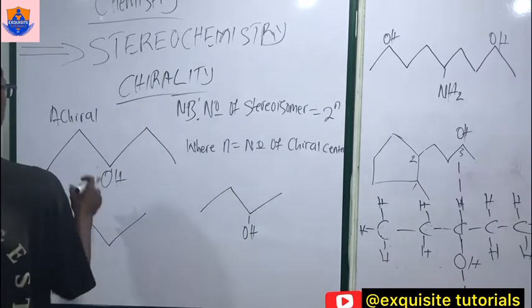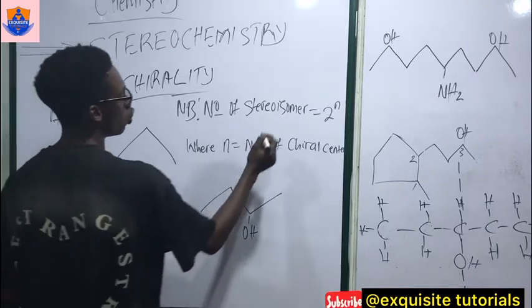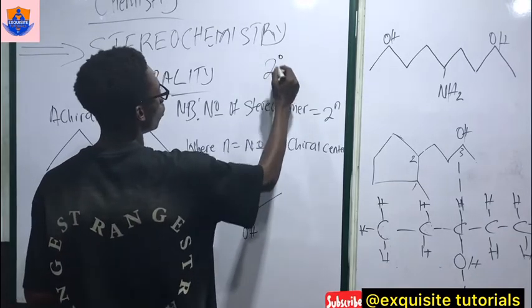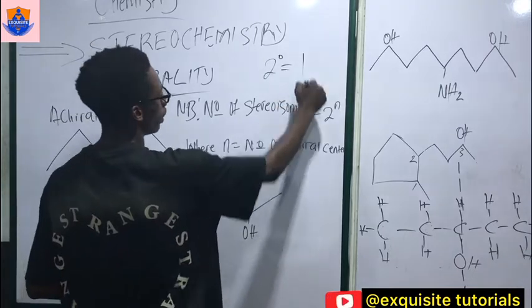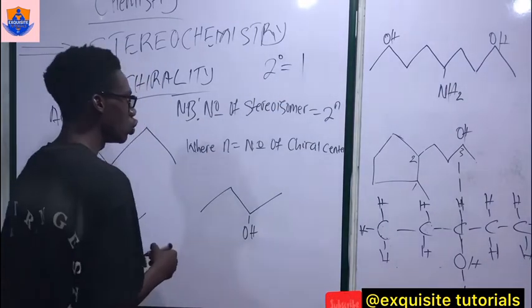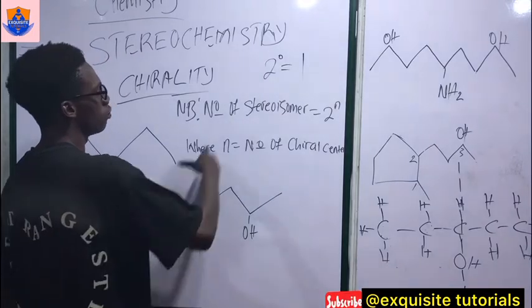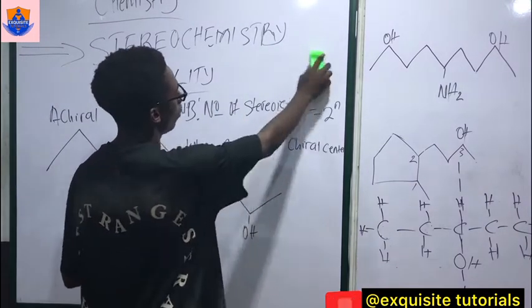So now we didn't have any chiral carbon here, so we'll place it to be 2 raised to the power 0. If you have a calculator, you type 2 raised to the power 0, it is 1. So the number of stereoisomers is 1.